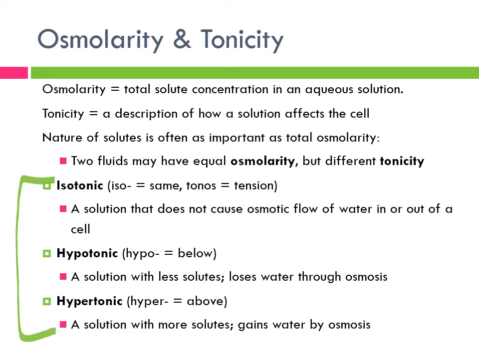In a hypertonic solution, the solution has more solutes than the cell, so the cell is going to lose water and the solution is going to gain water through osmosis, because the water is going to want to leave the cell to dilute the solution.